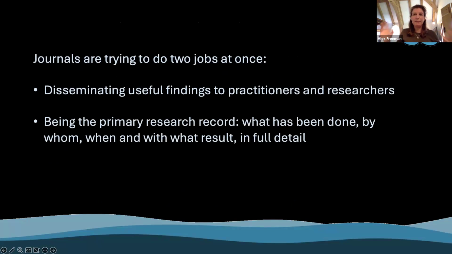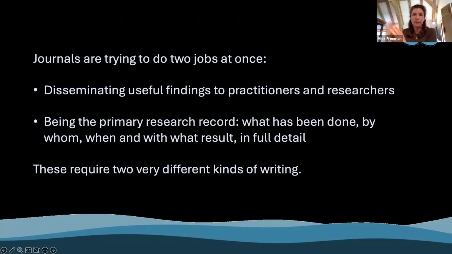So there's this mismatch between what the journals are pushing people towards, so creating a good read for their readers, telling a good story with a good take-home message, which is usually about what people found and not about the methods, and what the research community need, which is full details of exactly what was done, with what result, whatever that result is, so things that didn't work as much as things that did, the opinions of other experts on how rigorous and trustworthy that work is.